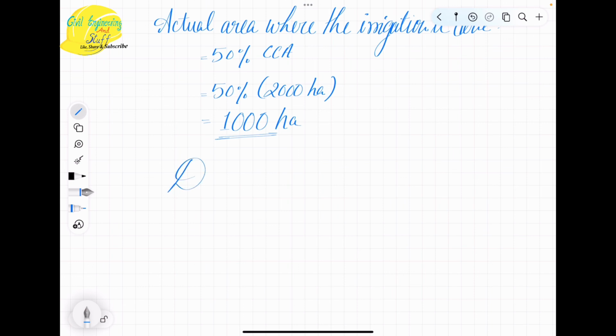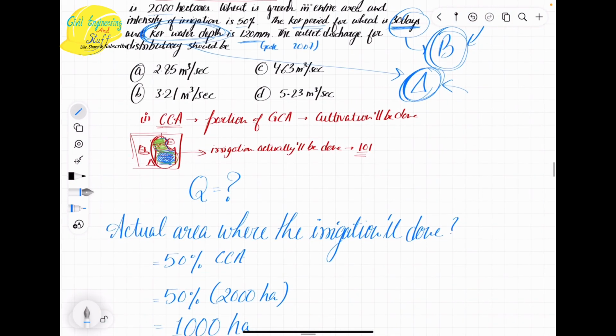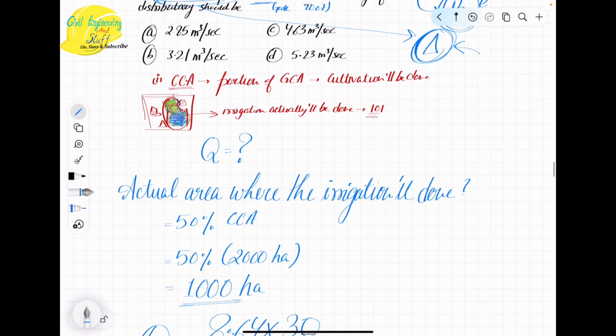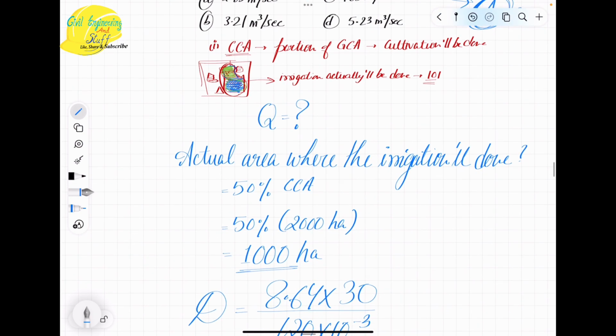So duty will be equal to 8.64 into B. B is 30. And delta that is given is 120 into 10 to the power minus 3, because it is in mm. Please remember the units, the game of units.